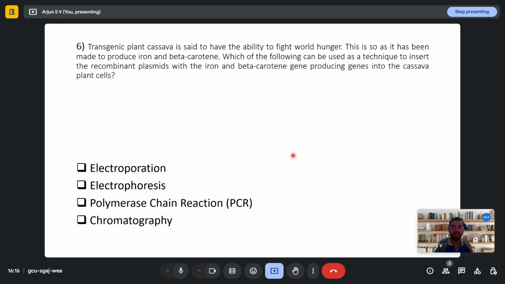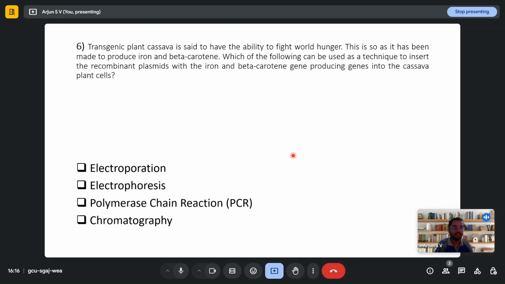So they have cassava, and it is made to produce iron and beta carotene. Using the iron gene and beta carotene gene, it is made to fight world hunger. So using what technique can you insert the iron and beta carotene recombinant genes into the plant cells?